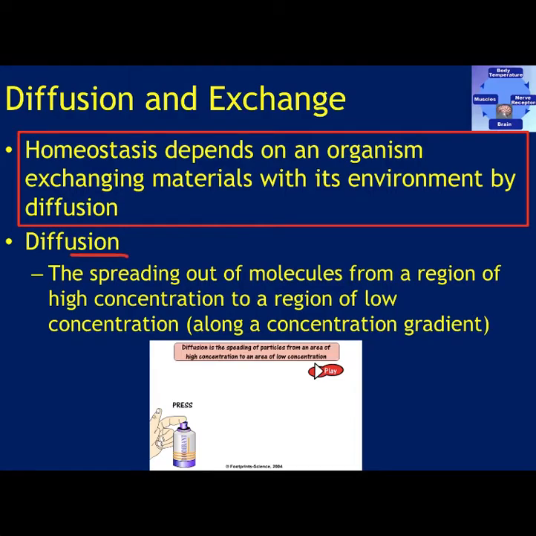And again, we've just done diffusion: the spreading out of molecules from a region of high concentration to a region of low concentration along a concentration gradient. So if we had sprayed our smelly deodorant, it would be really strong here, but it'll eventually get over to somebody standing here. She's looking lovely, smiley face, because of diffusion.